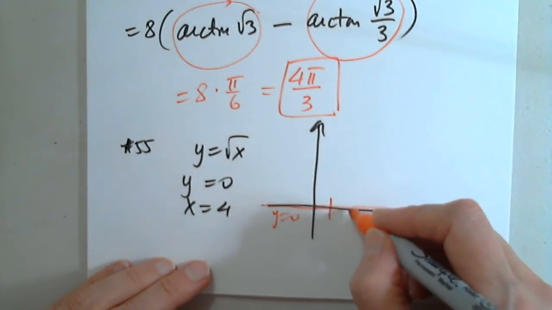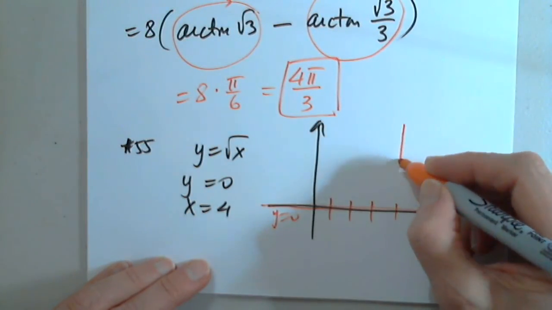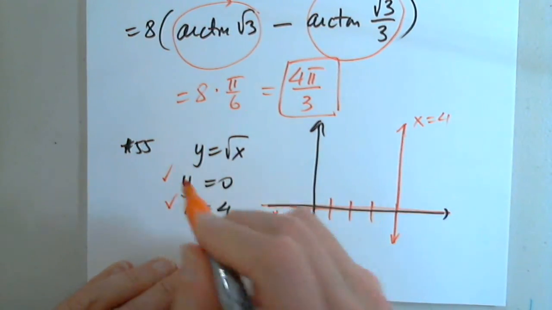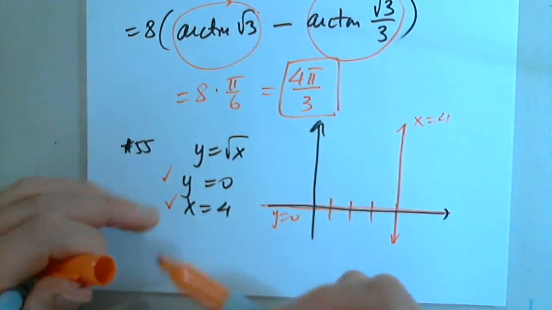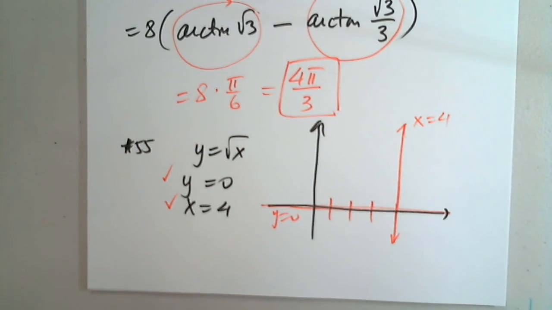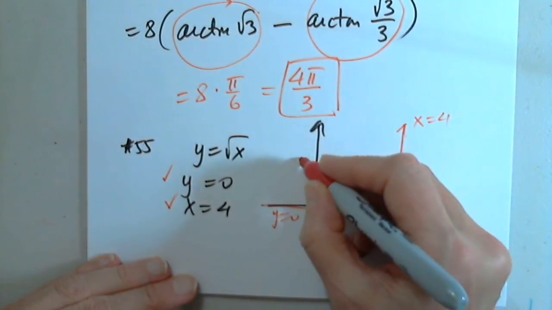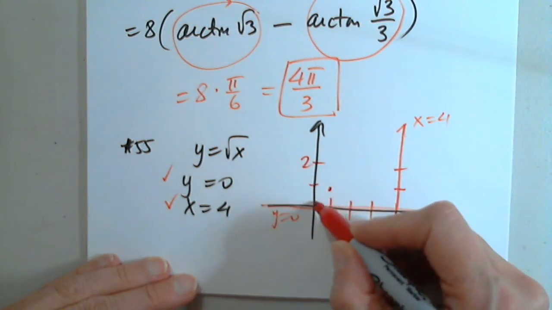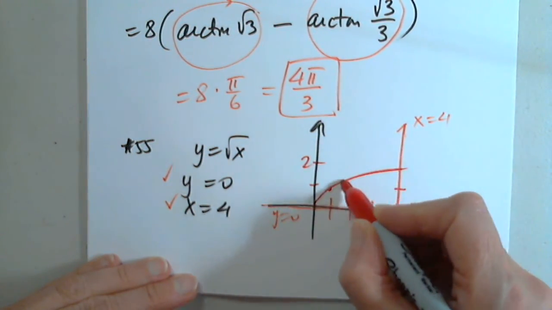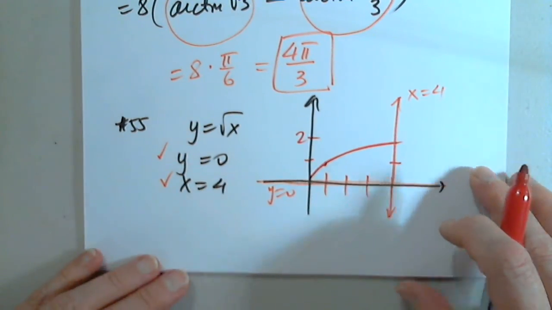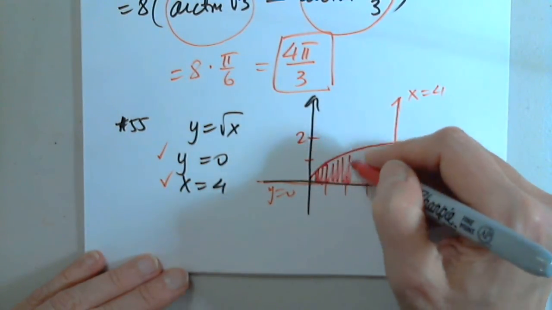X equals 4, 1, 2, 3, 4. So these two are taken care of. And now I have to graph this function between 0 and 4. So the square root of 4 would be 2. So this is 2. So 1, 1. So this is the graph. So they are asking us to determine this area.